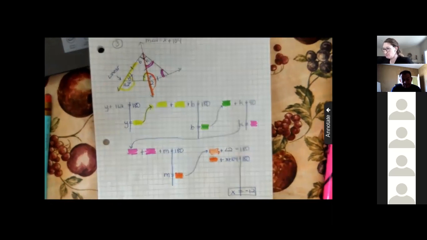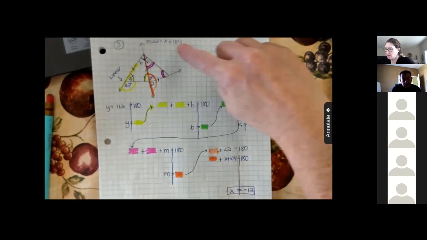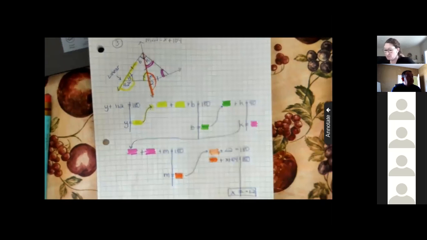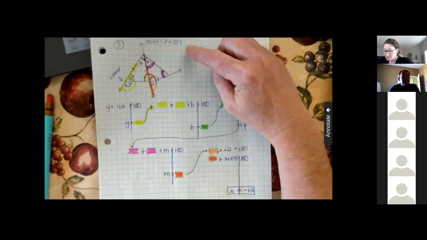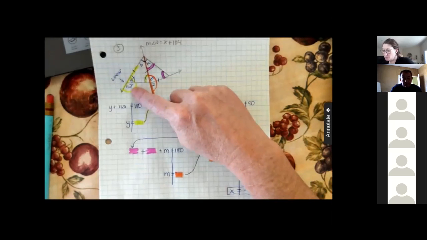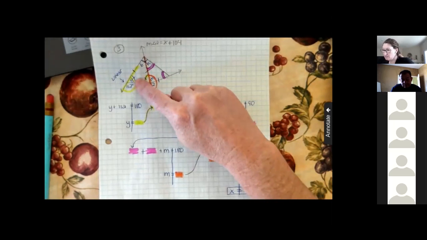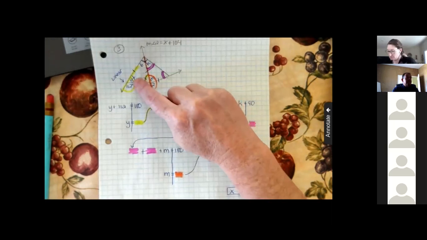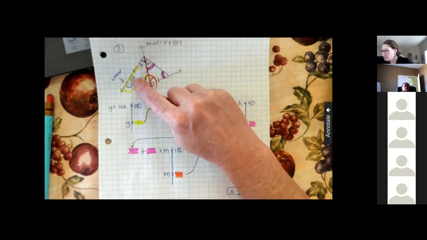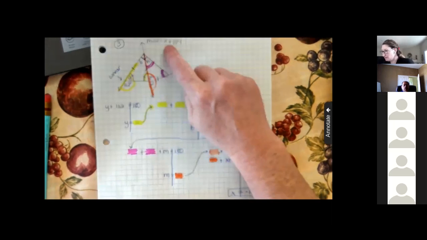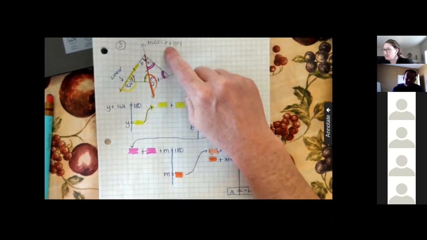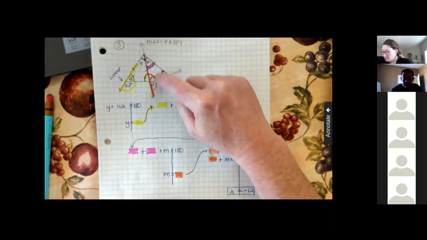Okay, what did we start with? We knew that the measure of angle 2 is x plus 104. We started with what we knew, angle 112. It's part of a linear pair. If I make a letter y, you can use whatever letter you want, as long as you don't use x. I say avoid using m because m is up here and I don't want you to get confused.